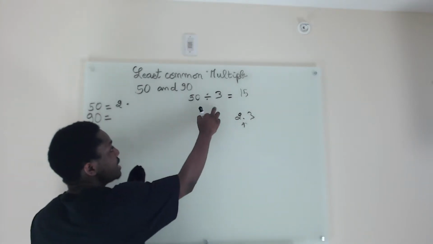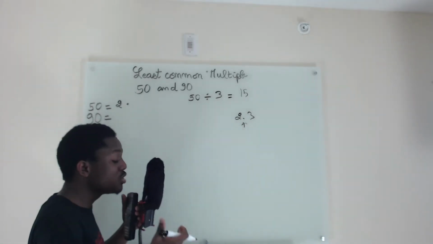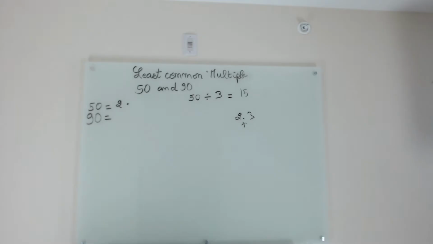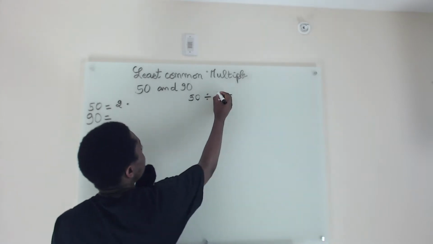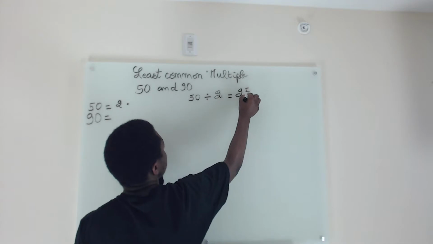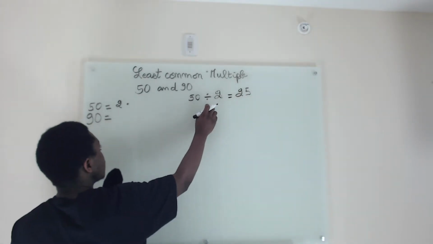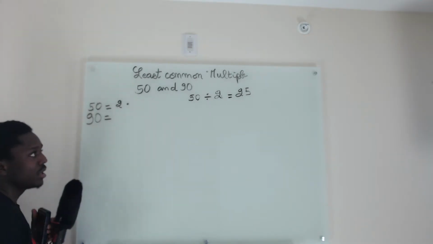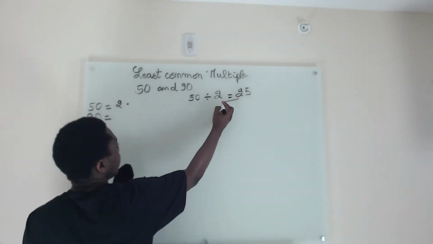So when I divide these two and I end up with a number that does not contain a decimal point, such as in the first case, when I divided 50 by 2 and ended up with 25, then since 25 is a nice number, I take the number 2 and I put it right here and I put times.